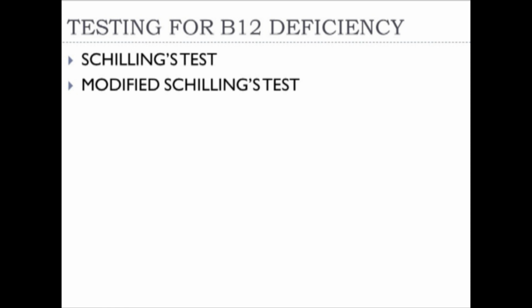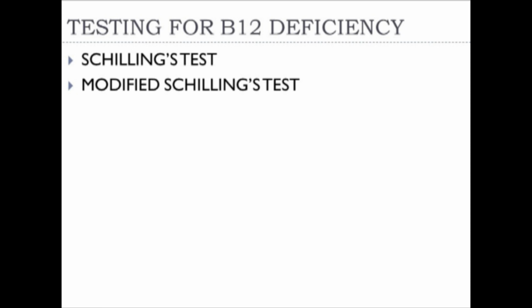So now, what is the modified Schilling's test? Well, rather than using crystalline cobalamin, radioactive B12 is incorporated into food products like chicken and eggs, a protein food of sorts. This method can correctly diagnose poor absorption of protein bound cobalamin and would be relevantly applied to elderly with low gastric acidity.